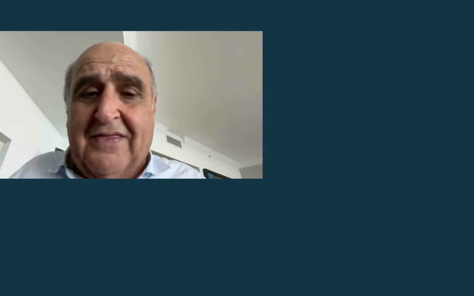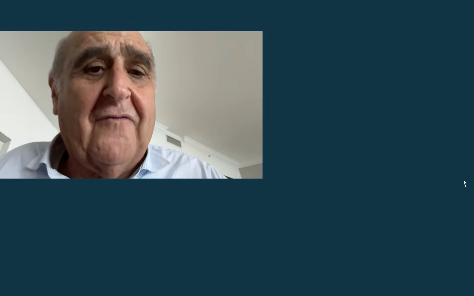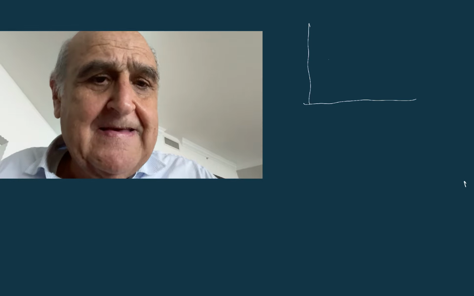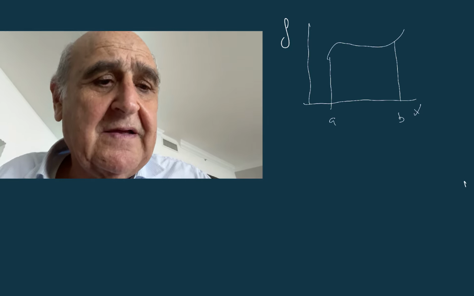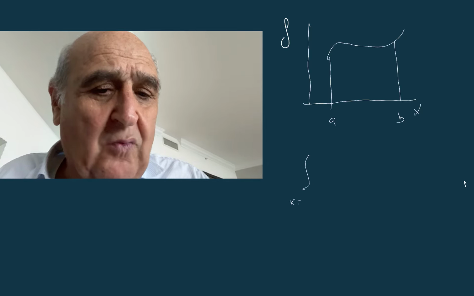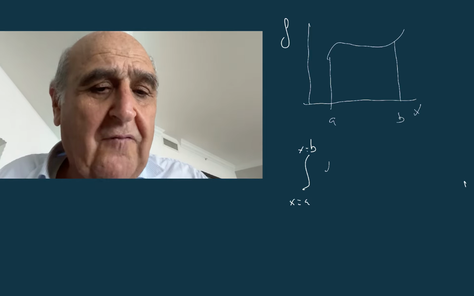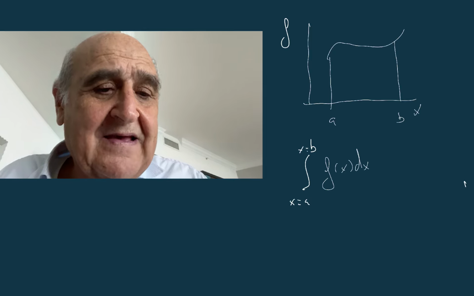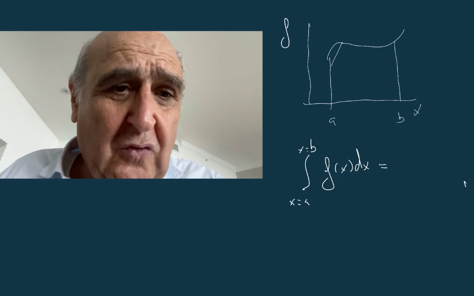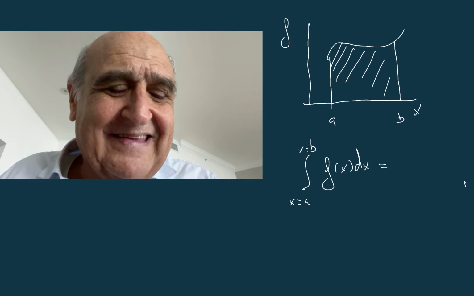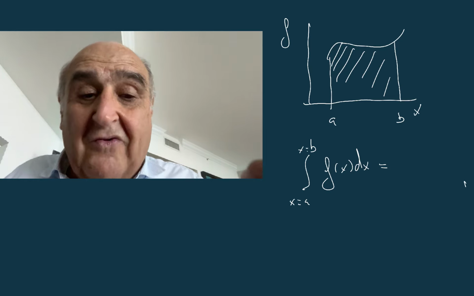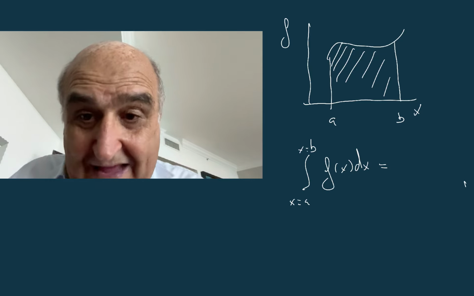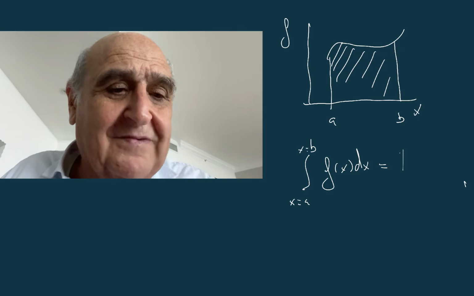It's the most important theorem, and what it says is that if you have a function f of x, and you want to find the area between a and b, the area, the integral from x equal a to x equal b of f of x dx, is equal to the antiderivative of the function f, capital F, evaluated at the points b and a.